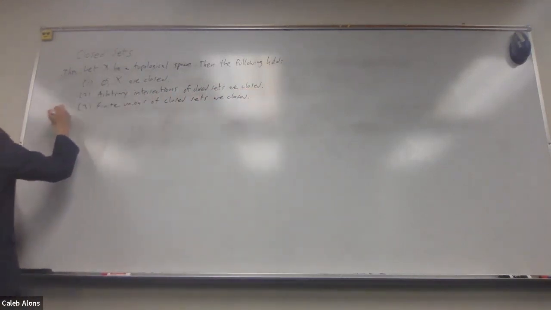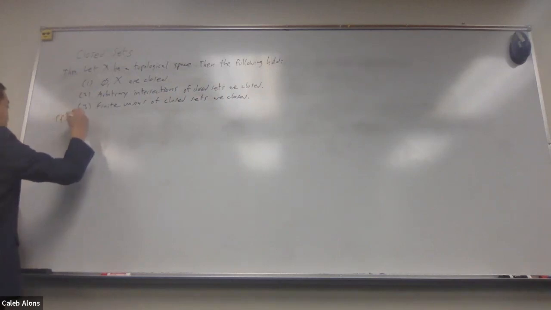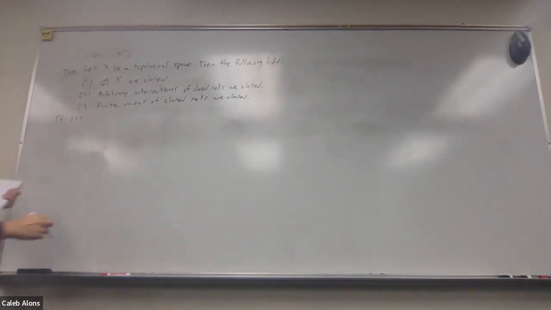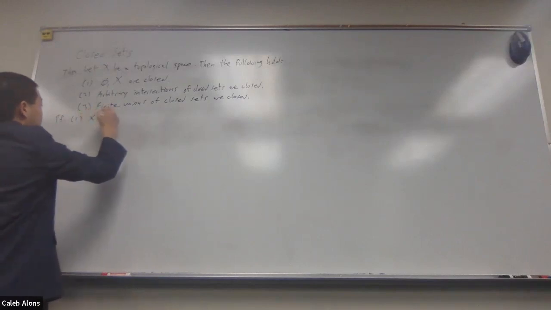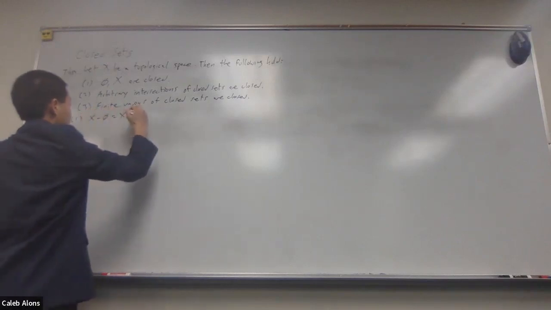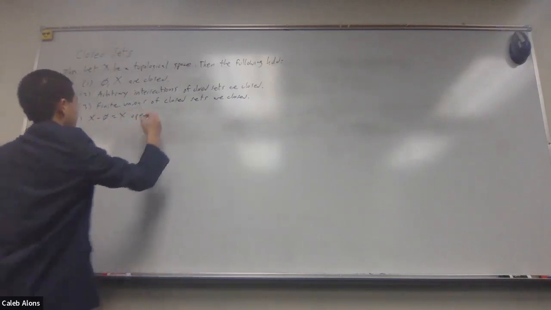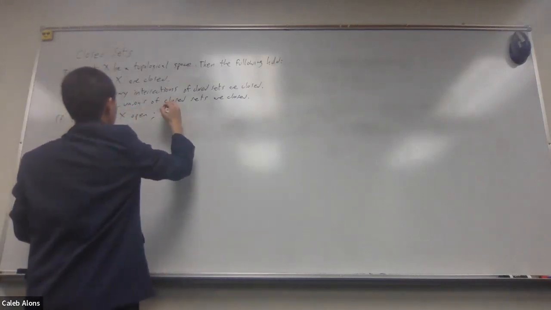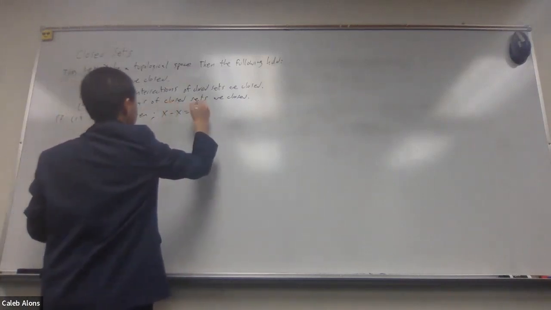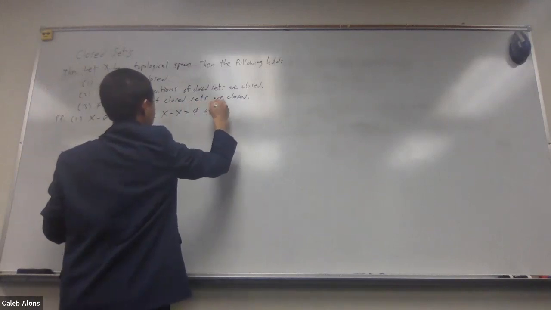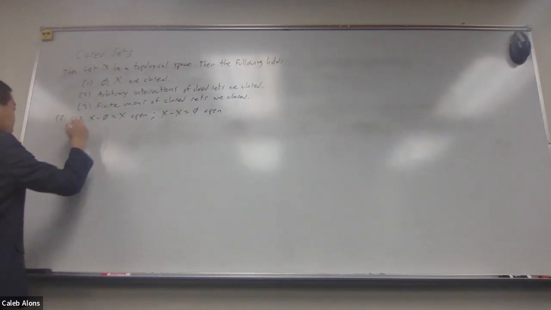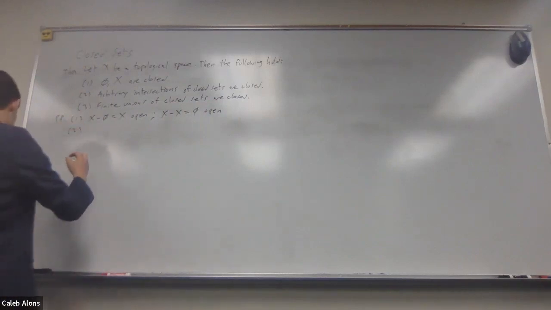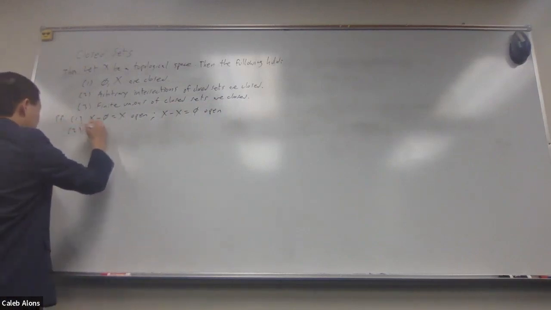And so the proof for the first one is simply, okay, if I take X minus empty, that's X, which is open. And then I can take X minus X, which is empty, which is open. So they're both closed. And for 2, we're first going to start with a collection of sets.